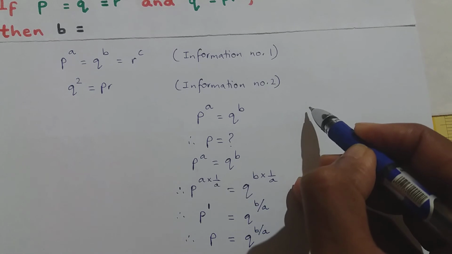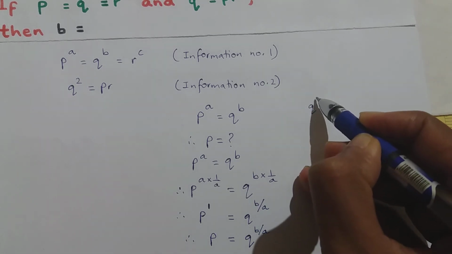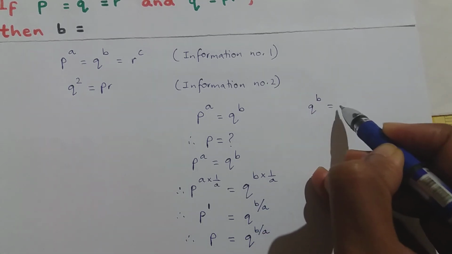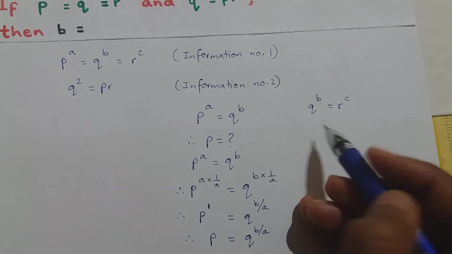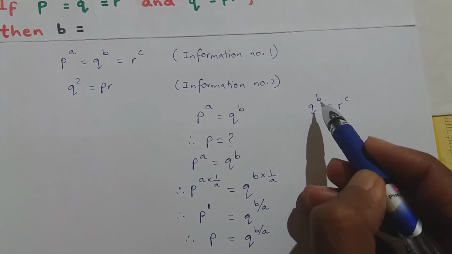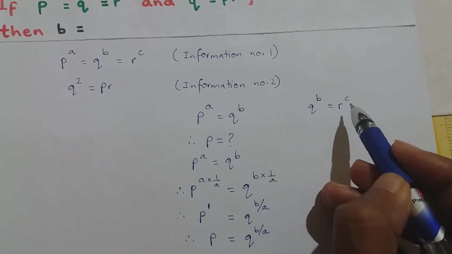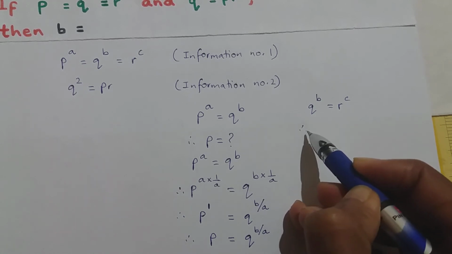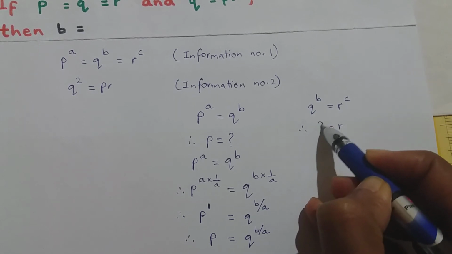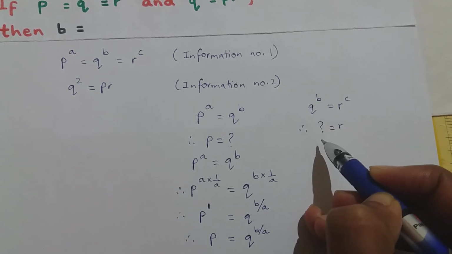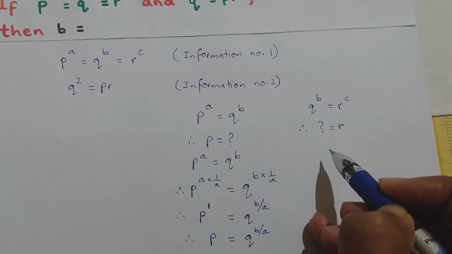So q to the power b is equal to r to the power c. Now if q to the power b is equal to r to the power c, then r is equal to what? We have to find out what is r.